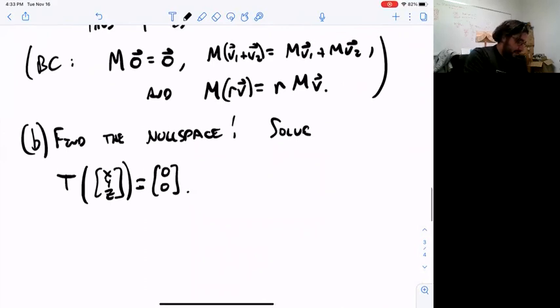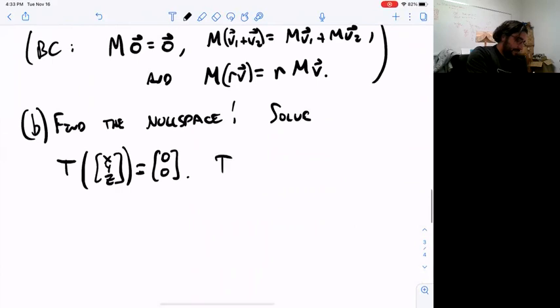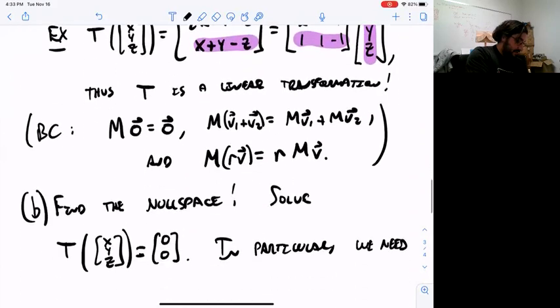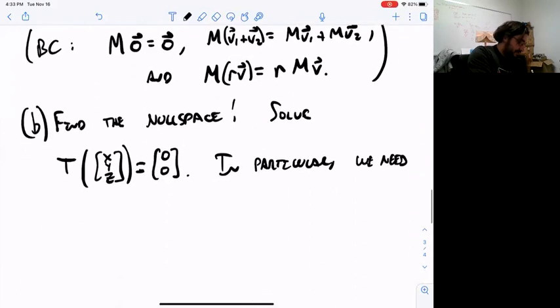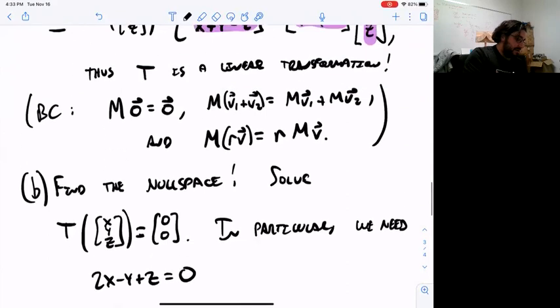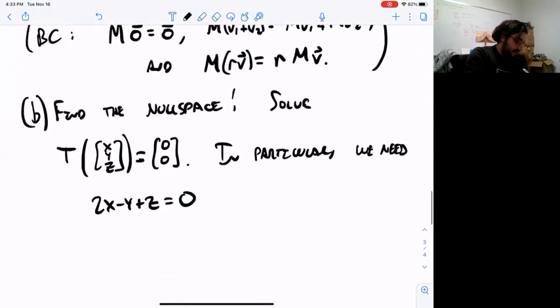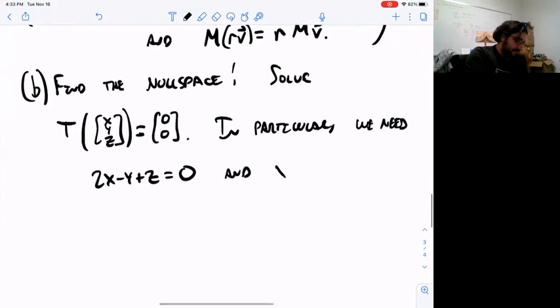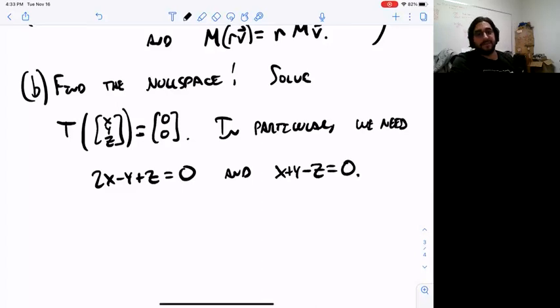Well, I need the first equation, 2x minus y plus z, to equal 0. And I need the second equation to equal 0. I need both to equal 0.